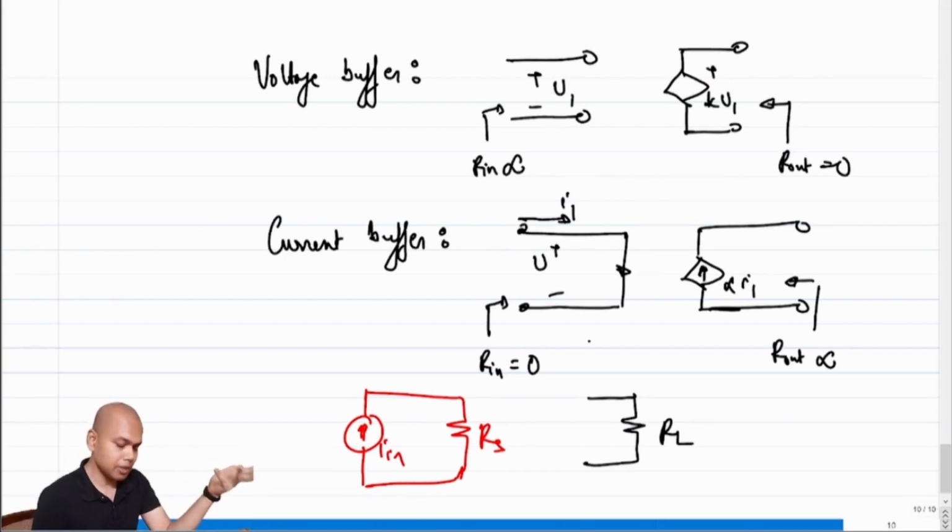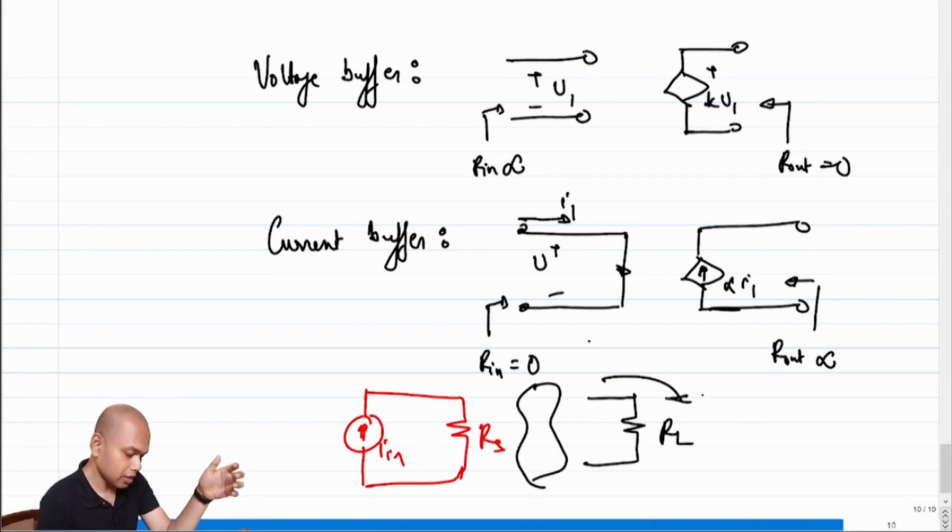What is the problem statement? The problem statement is I have this non-ideal current source I in, which has the internal resistance Rs, and I would like to build something here so that the current I in flows into RL. The entirety of I in, or maybe a significant fraction of I in, flows into RL.